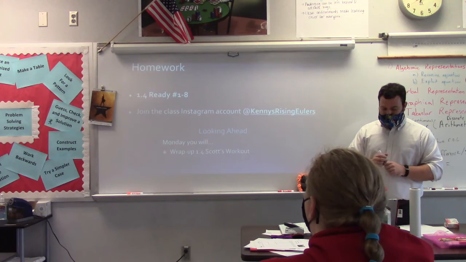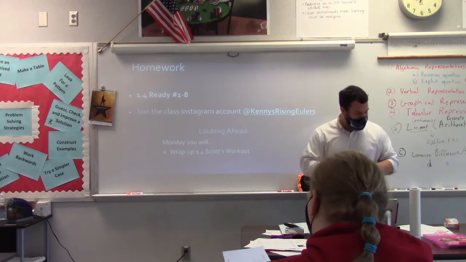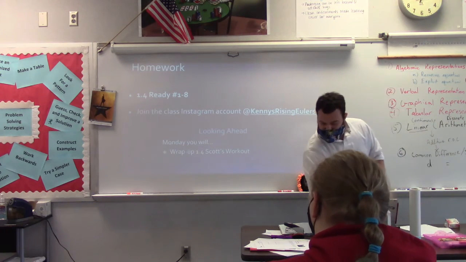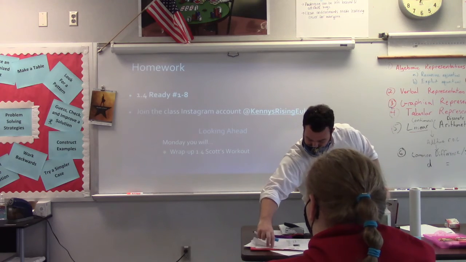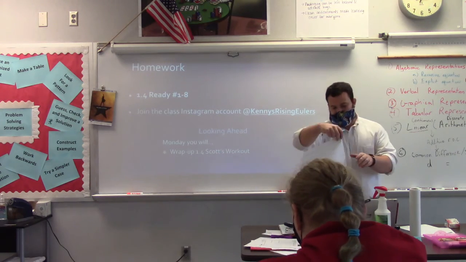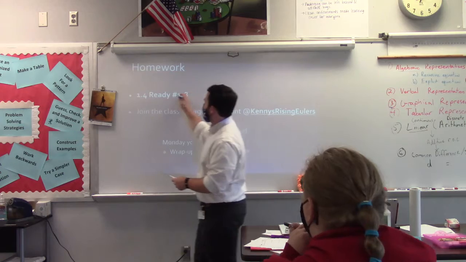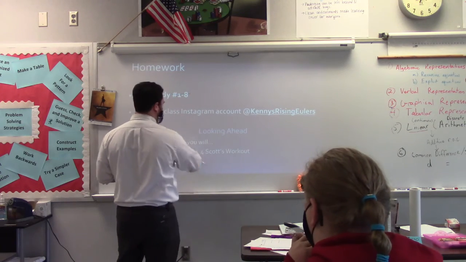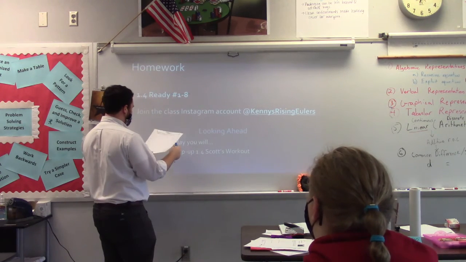So at this point, just so you're aware, I am assigning some homework over the weekend. We barely got started on this task, so I'm going to nix that. I'm changing the homework. Sorry for doing this on the fly. Here's what I want you to do instead. So Monday, we're going to keep working on Scott's workout. I'm not going to be wrapping it up.